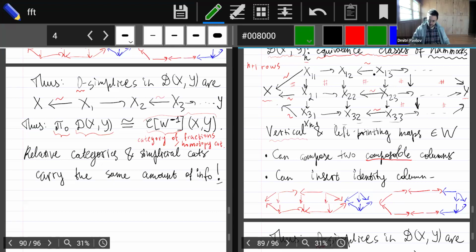The green arrows are identities. And that's how you compose hammocks. You can easily verify that the equivalence relation is respected by the composition. And this gives you a well-defined simplicial category.